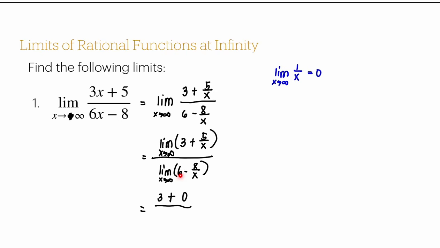In the denominator, the limit of 6 as x approaches infinity is still 6, plus 0. So our answer is 3 over 6, or that is equal to 1/2. So that is the limit of the rational function as x approaches infinity.